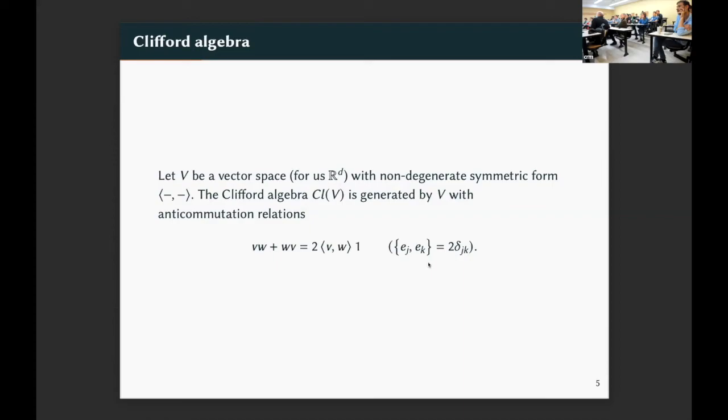So if you have an orthogonal basis in R^d, then your Clifford algebra has d anti-commuting variables e_j, and they anti-commute with each other and they square to 1.